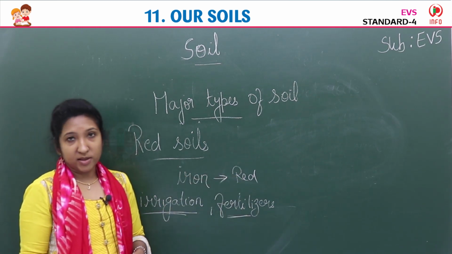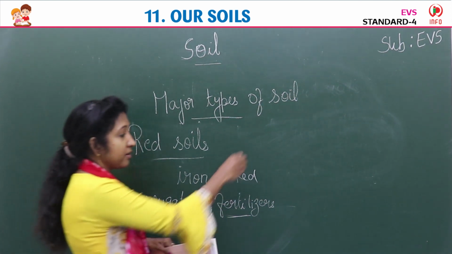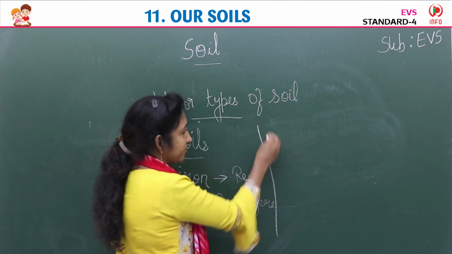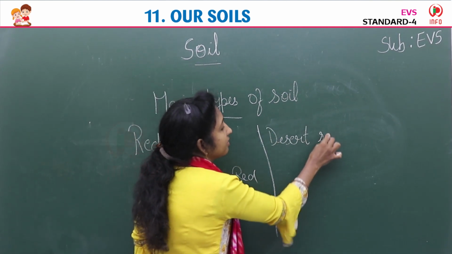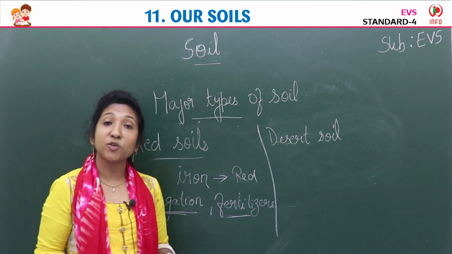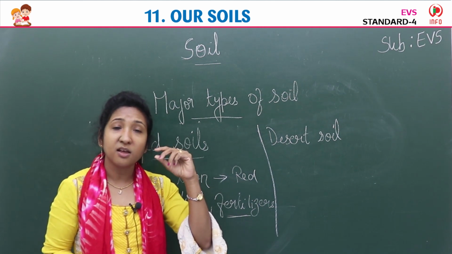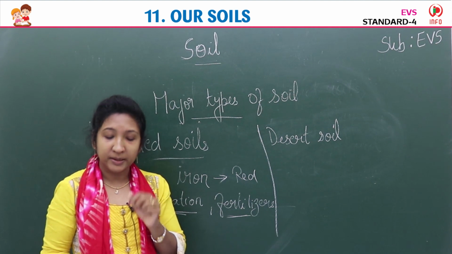Okay. Now coming to the next, another type of soil, desert soil. Desert in Rajasthan, you have seen a desert, isn't it? The sand will be so nice, so fine, isn't it?